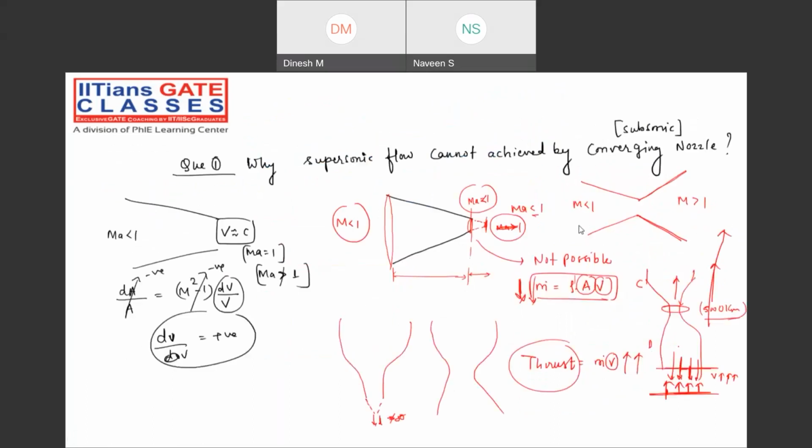So now you got to know that we definitely need some additional modification in the geometry. That means we need to divert the portion so that we can get the supersonic speed. So shall we discuss the convergent divergent nozzle? Very, very important, guys.